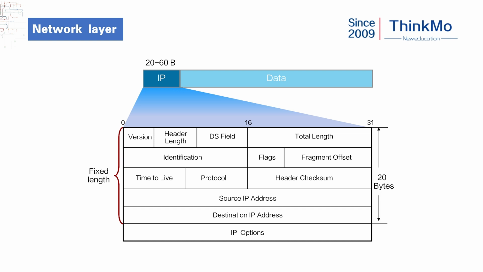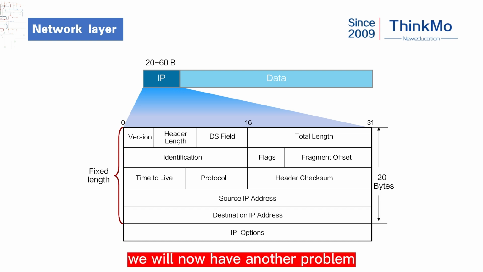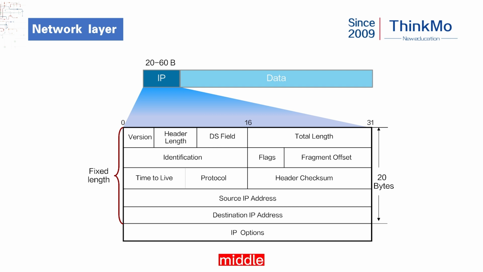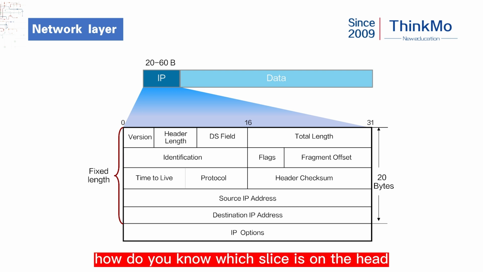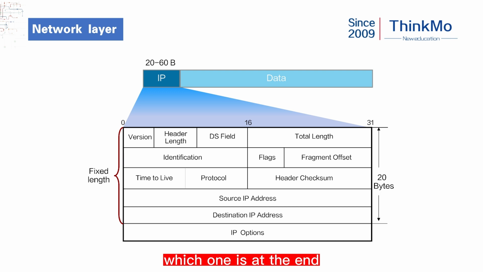Second, we now have another problem. I'm going to send you shards, but after you receive them, how do you combine them? Let's take an example. Like you posted a movie. This movie has a beginning, middle, climax, and end. How do you know which slice is at the head, which is at the end, and which is in the middle?